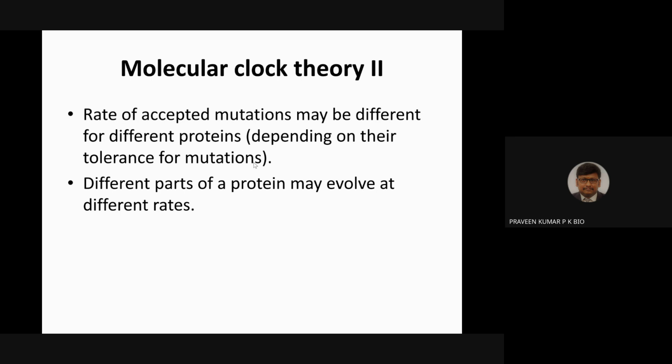So we can find that the mutations in proteins do not depend on all proteins alike, but vary from protein to protein, and different parts of a protein may evolve at different rates. Okay, so this is molecular clock theory 2.